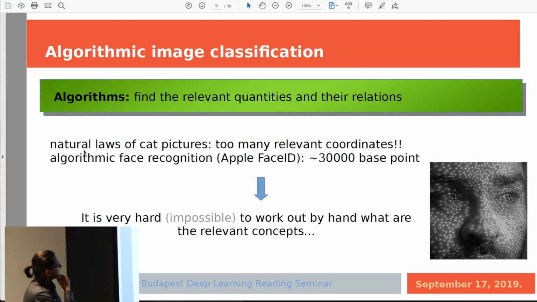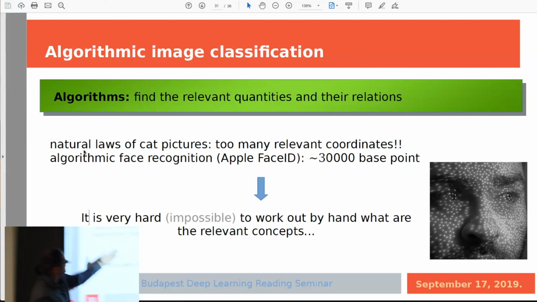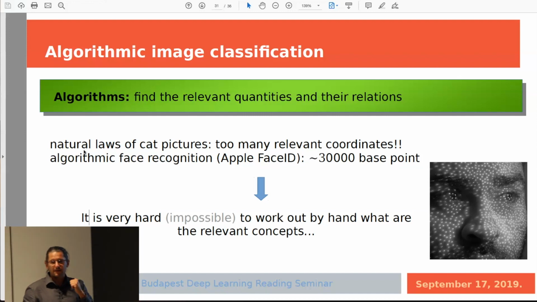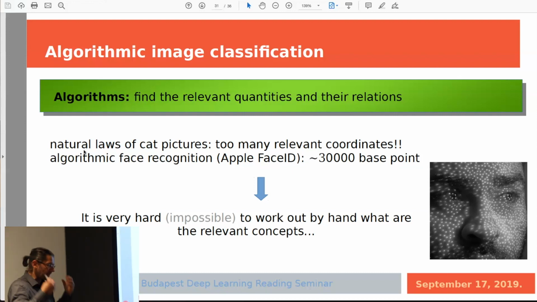Let's take another example on this topic, the algorithmic image classification. An algorithm will do that: we want to find the relevant quantities, or at least the most important relevant quantities, and find their relations. This is what an algorithm does. And as I've said, in natural pictures, for example in cat pictures, there are too many relevant coordinates, and it is a very hard task to find the relevant quantities. That's why, for example, image face recognition, which is a very long-standing task from the 60s, we are still not in a position to have a very good algorithmic approach.